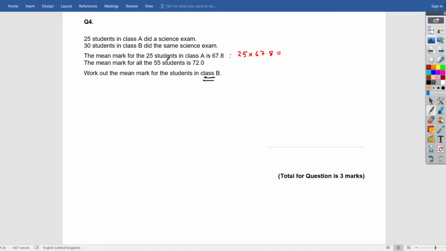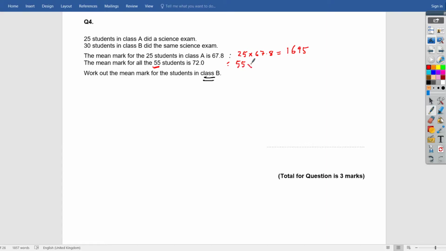Each one scored on average 67.8, so 67.8 multiplied by 25 tells me that all the marks added together of those 25 students summed to 1,695 marks.